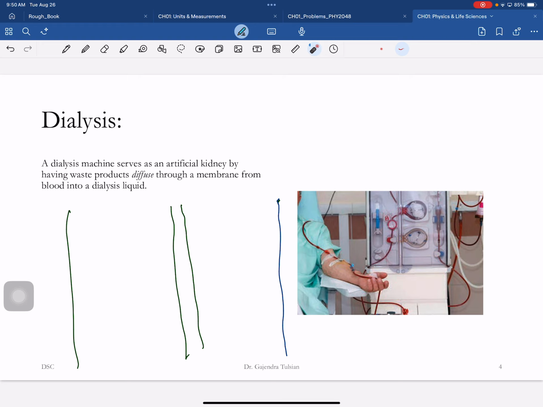What we want to do is get rid of the bad molecules, like urea, since your kidneys are not functioning. So your blood has a higher concentration of urea. This dialysis liquid has a lower concentration of urea, and urea will diffuse across the membrane.